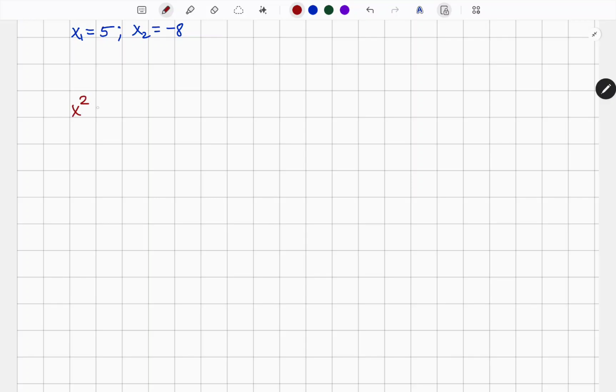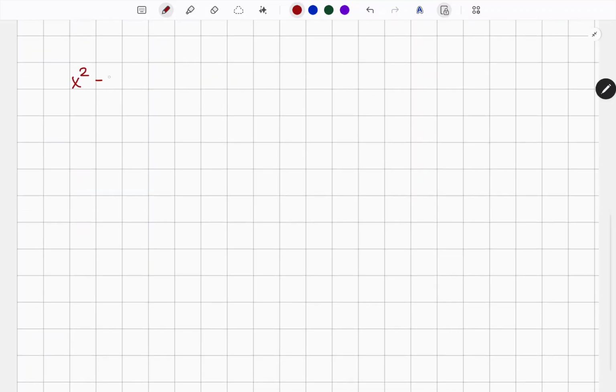So x squared, let's say, minus 3x minus 28 is equal to 0. As you can see, the signs are the same now. It means I have to try negative candidates. So minus 28 is the constant term.